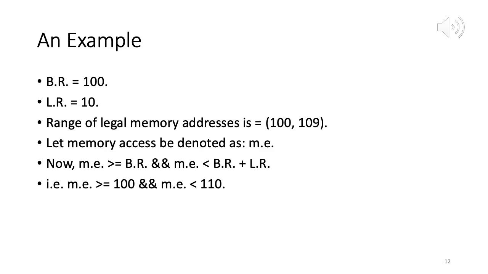What about 110? 110 is out of bounds. The last legal address which can be accessed is 109. So I hope now the greater than or equal to with the base, and less than with base plus limit, makes sense to you.